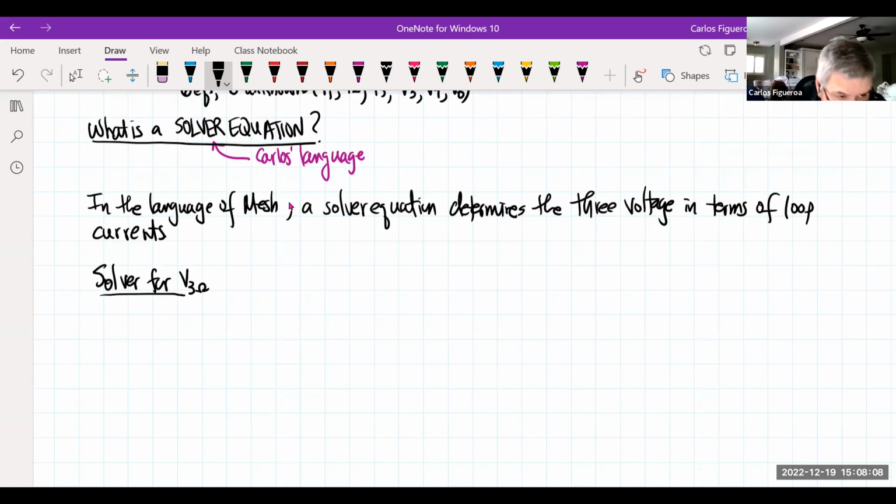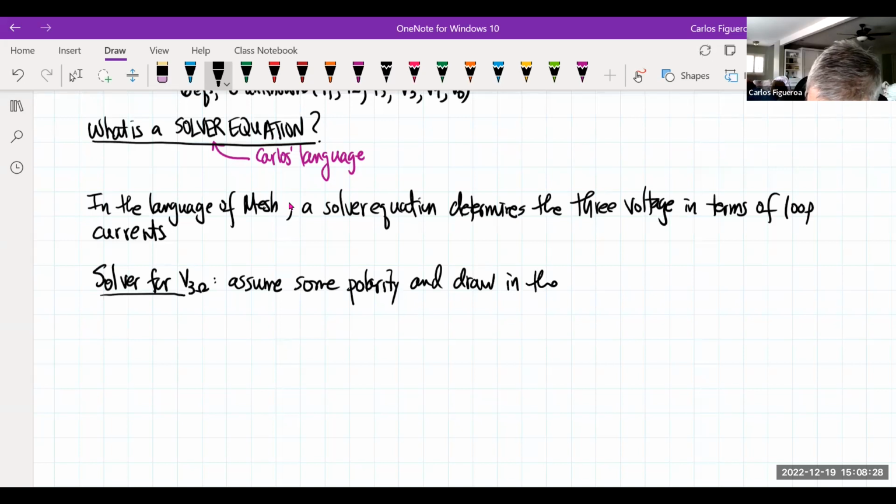So what do we have? We have a 3 ohm resistor. And the first thing we have to do is assume some polarity and draw in the loop current.